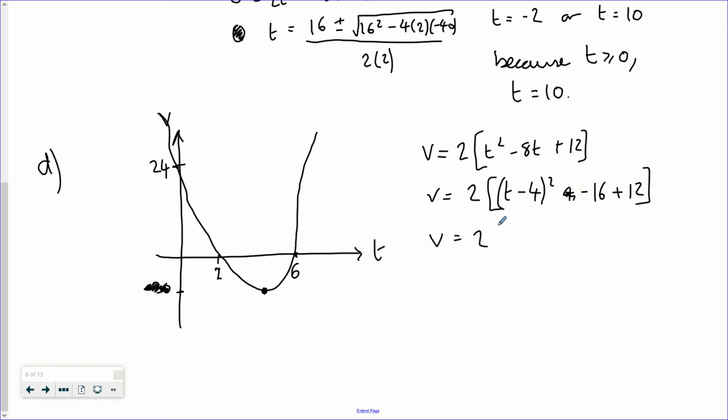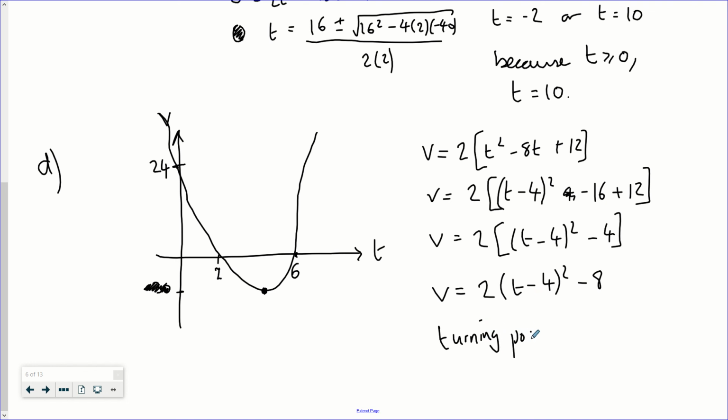So let's just simplify inside the square bracket. We're going to have t minus 4 squared and minus 4. So in order to find my turning point, I need to multiply out the square bracket. So we're going to have 2 lots of this bracket squared and minus 8 if I times the 2 by the minus 4. So remember that we can find the turning point from this completed square form.